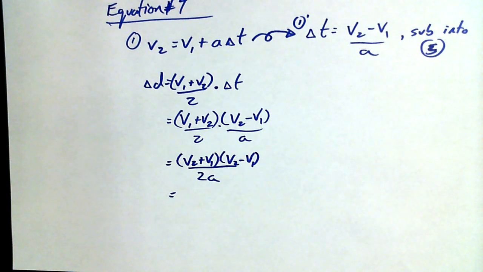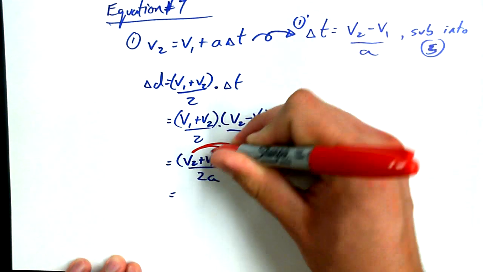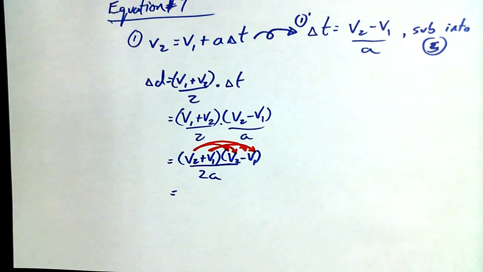What's the pattern there? The initials are DQ, but it's not Dairy Queen. Yep. It's a difference of squares. Anybody remember what a difference of squares looks like if I have V2 plus V1 times V2 minus V1? It's grade 10 math. I know it's been a long time, right? The outcome comes as a result of foiling these 2 binomials as you've been doing for some time now. Yeah?